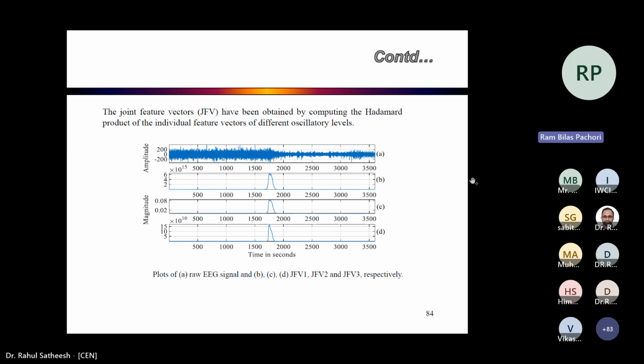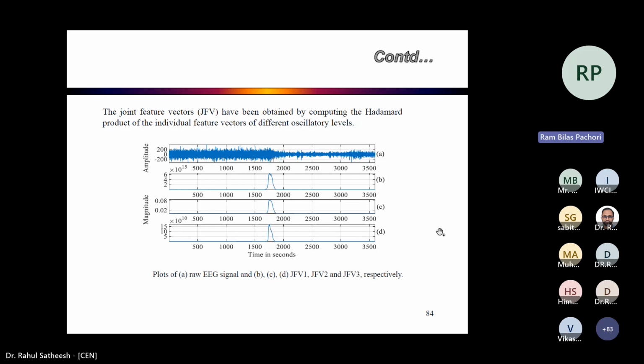In raw EEG signals, it is difficult to find where the epileptic seizure is present. But if you see the features, they become higher at the location of the epileptic seizure. This is the beauty of this method. Then we have given these features as input to a machine learning based classifier.